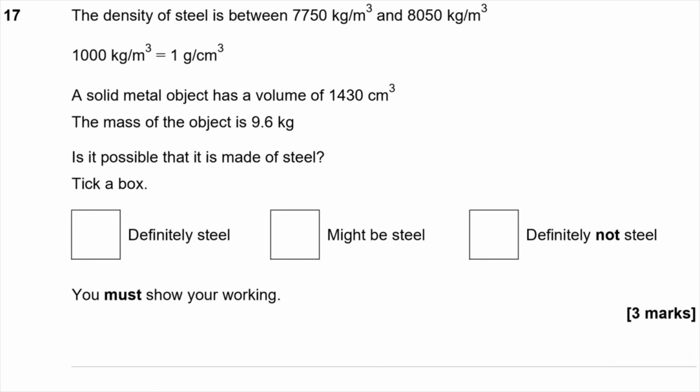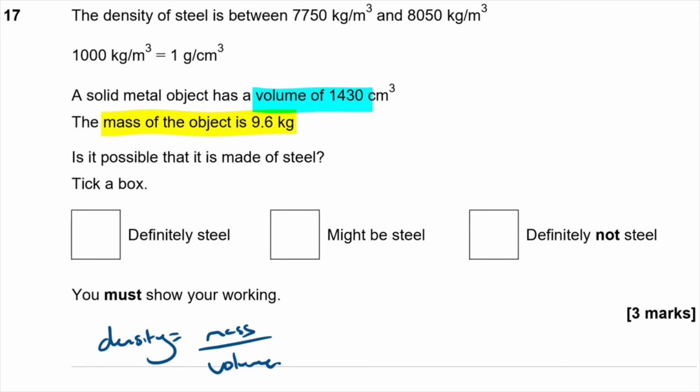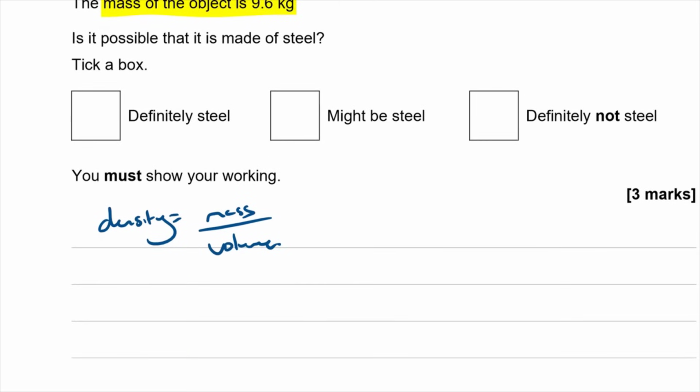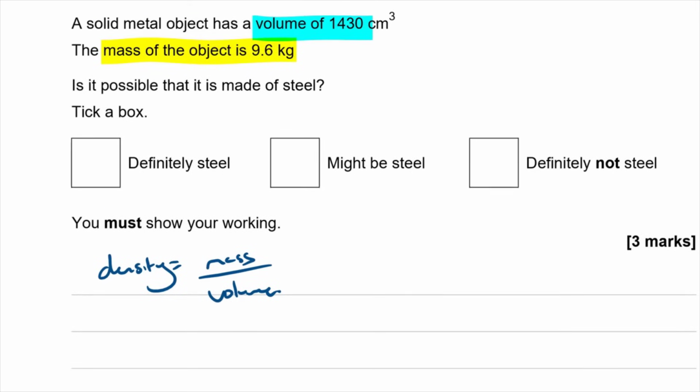Right, so we know that density is equal to mass divided by volume. So we've been given the volume of this metal object and we've been given its mass, so we should be able to find its density. So density equals mass over volume.